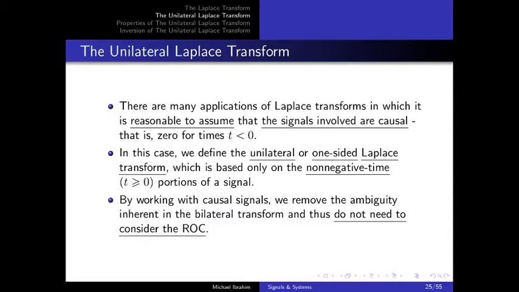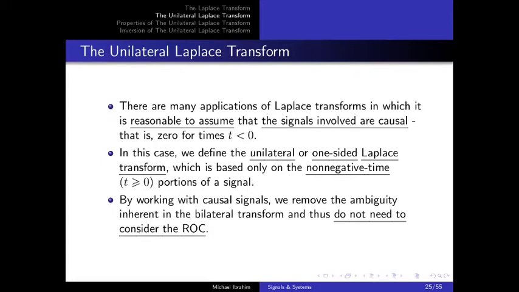And as we have seen in the previous lecture, right-sided signals would have a right-sided region of convergence starting at the rightmost pole extending to infinity. So working with causal signals would remove the ambiguity in the bilateral transform. That's the need to have a region of convergence. As we have seen in the previous lecture, in the two examples we had, we needed to define a region of convergence.